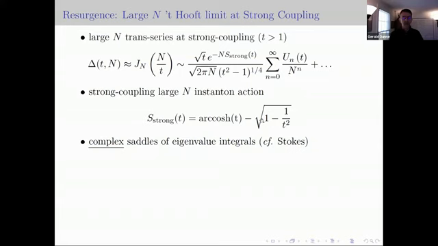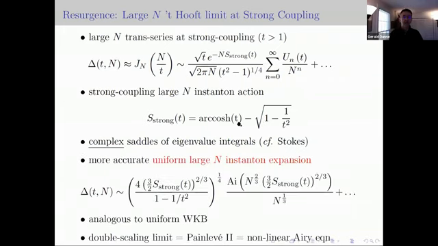And in the language of the original integral over the unitary matrices, or over the eigenvalues of those matrices, going from t less than 1 to t greater than 1 corresponds to a flip in the saddles of all those eigenvalue integrals. So it's an example of what Chris was talking about, but in this infinite N limit.